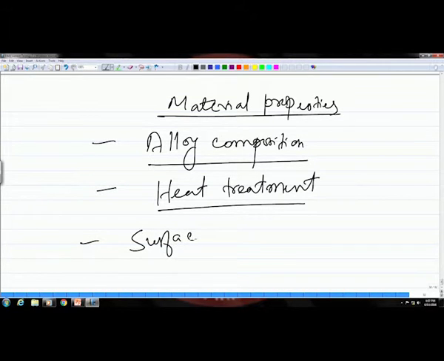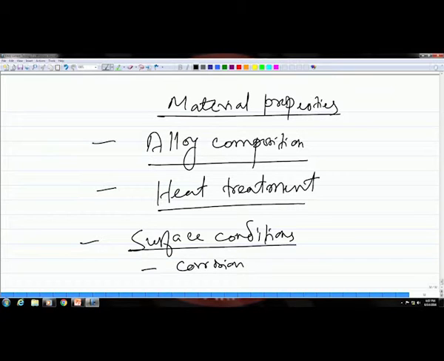This is a surface NDT method. So, surface conditions will obviously have some effect, like if you have some corrosion damage, that will alter the surface condition and it will affect the level of eddy currents being induced on the surface. Then if you have a surface coating, this coating could be of a very different material compared to the parent material over which it is coated.